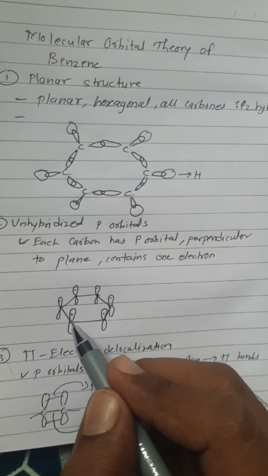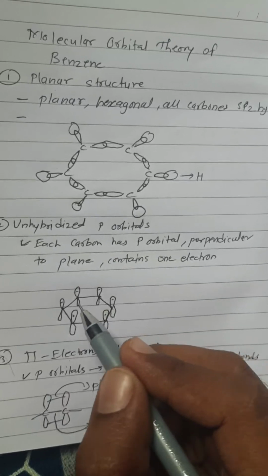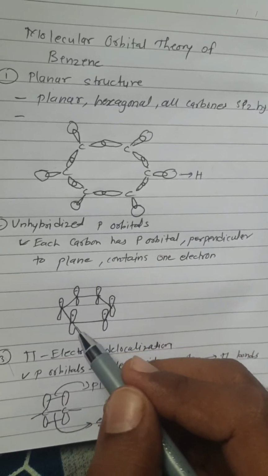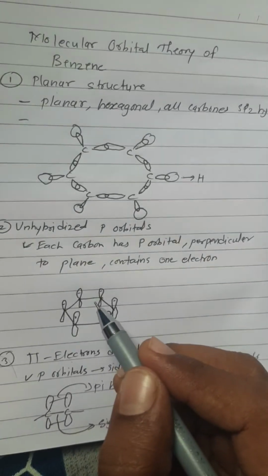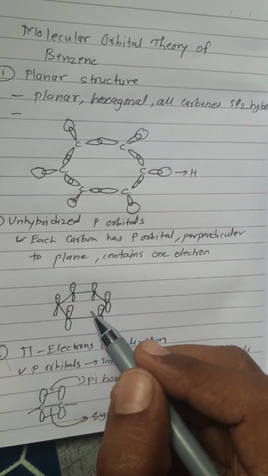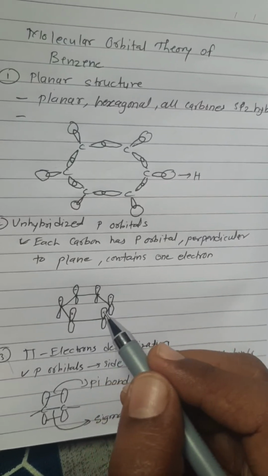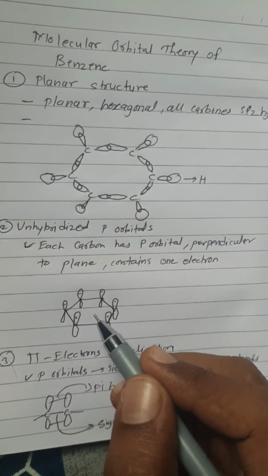Here, what you are seeing is the carbon-carbon sigma bond and these orbitals. These are the unhybridized p orbitals of carbon, each having one electron. So these are arranged perpendicular to the plane of carbon.